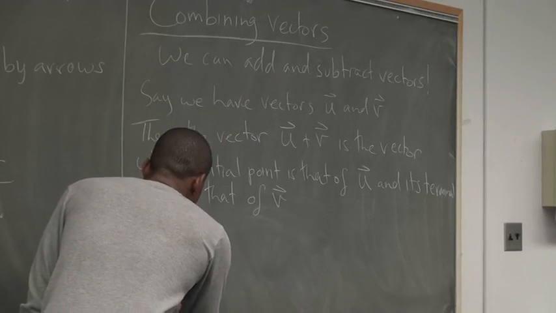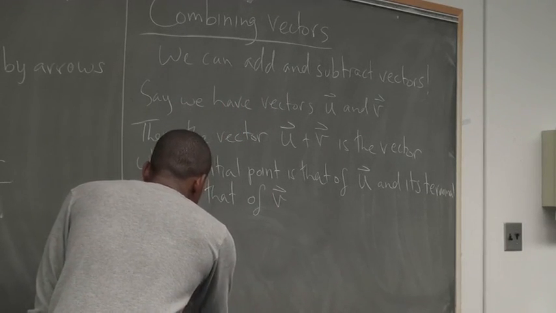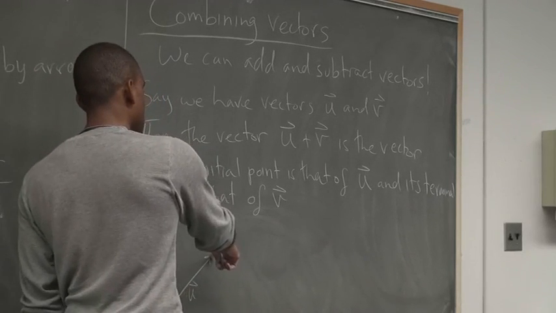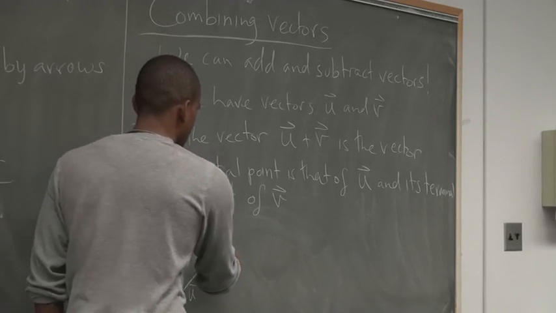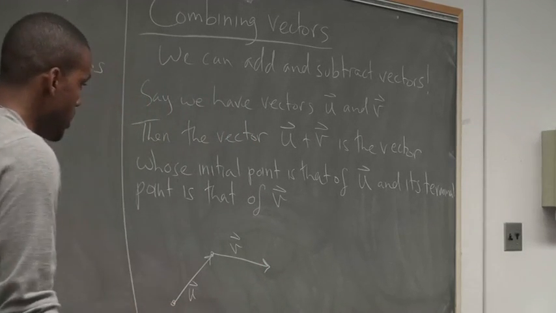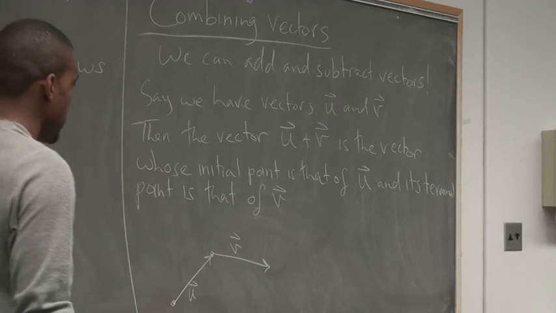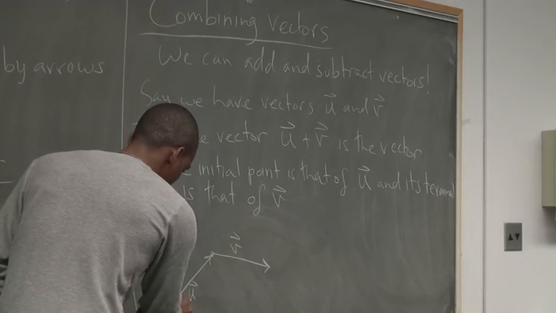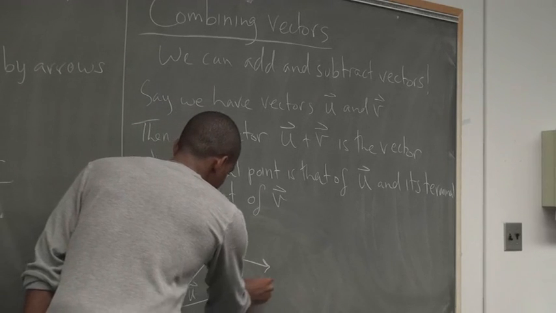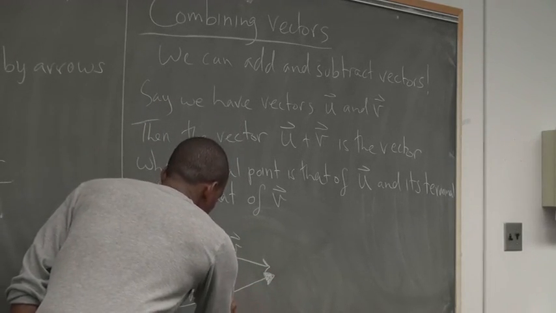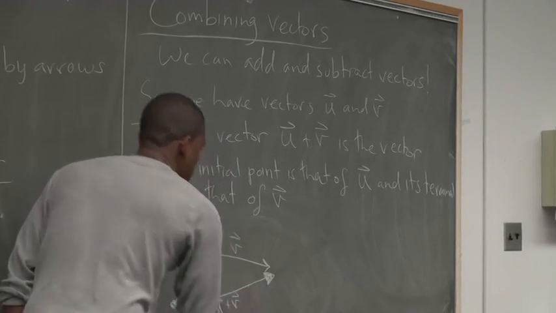So let's say you have that vector u here. Then right where u leaves off, you tack v on, and that could be another vector going in another direction. That's fine. Then the vector that is the sum is going to be the vector that starts where u starts and ends where v ends. So if you draw the vector here, this is the vector u plus v.